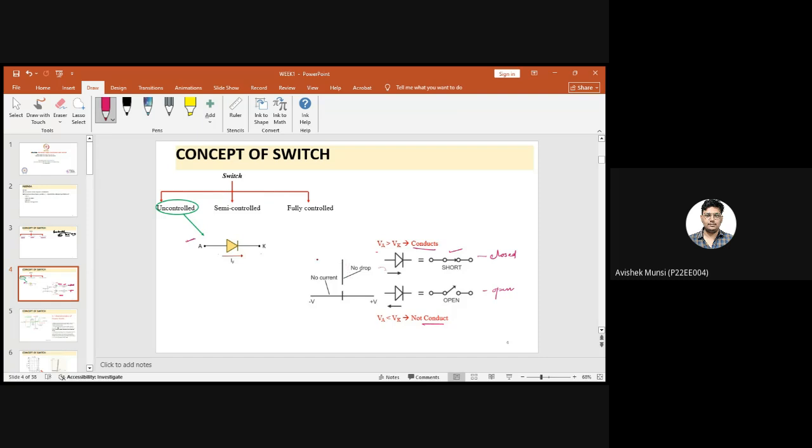Whenever the voltage level is greater or lesser, the switch operates, but we cannot control it ourselves. It depends upon the cathode and anode voltage.